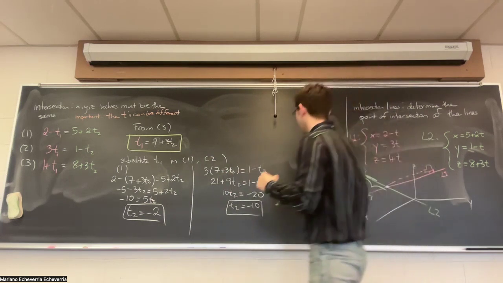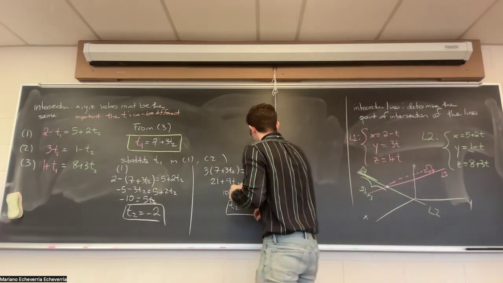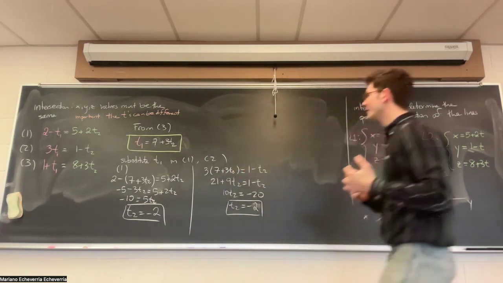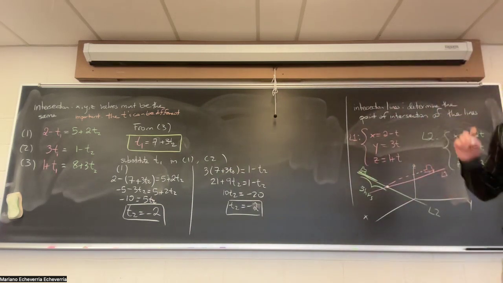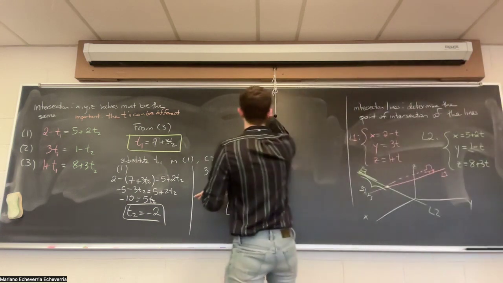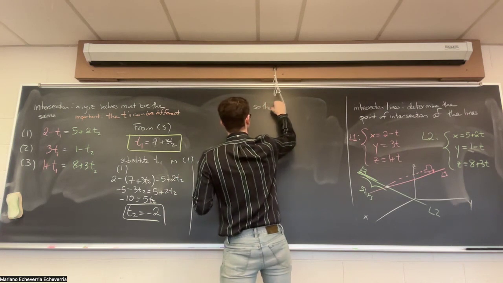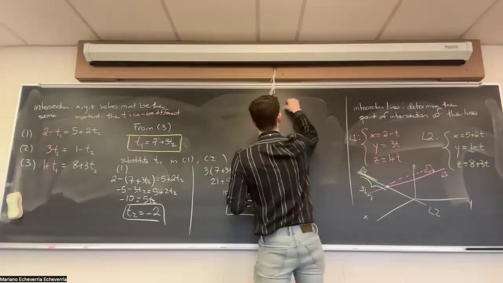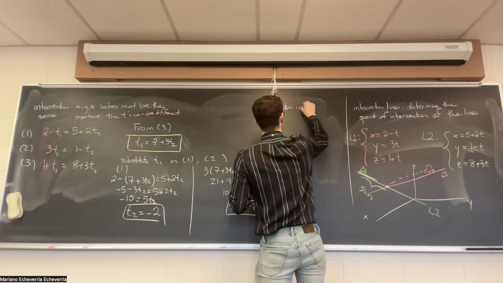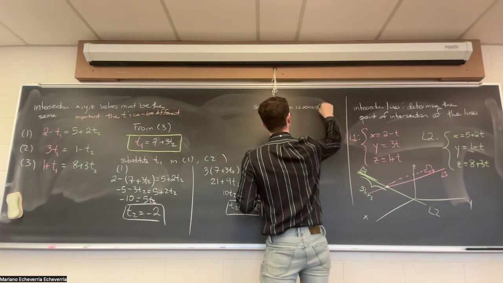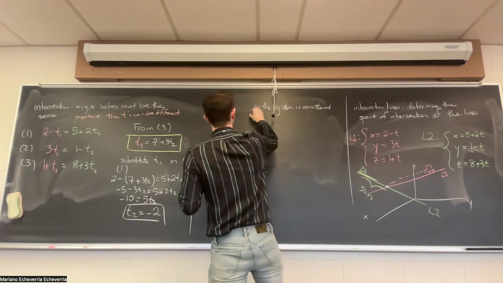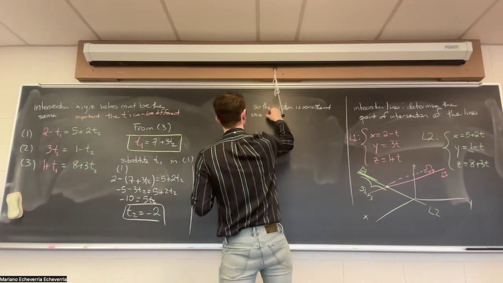Okay, sorry, negative 2. So that means that regardless of the equation that you used, you got the same value for T2, and that's what we are after. So that means that the system is consistent, since we got the same value for T2.